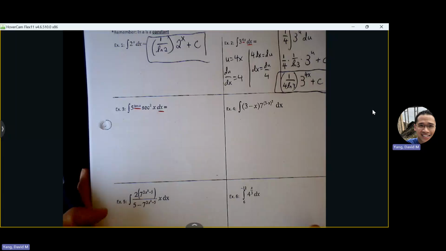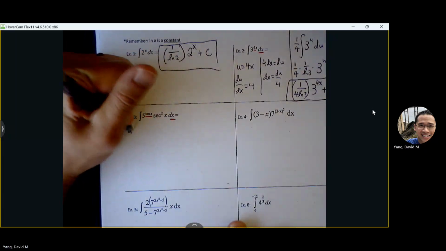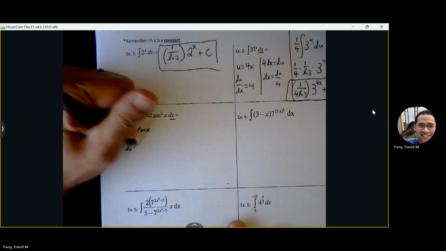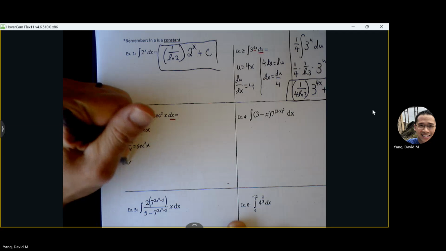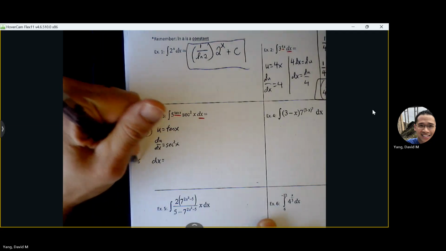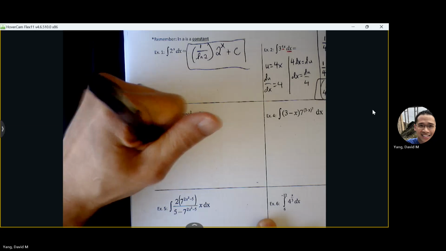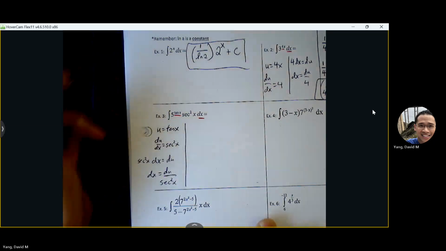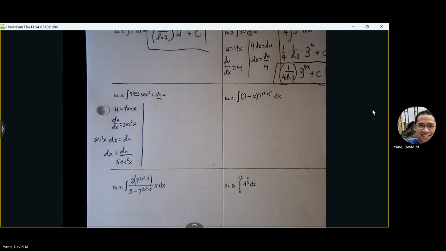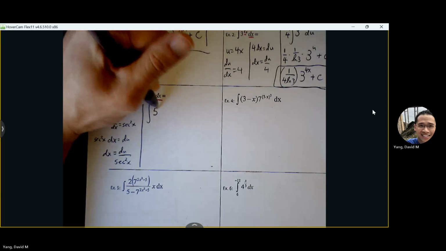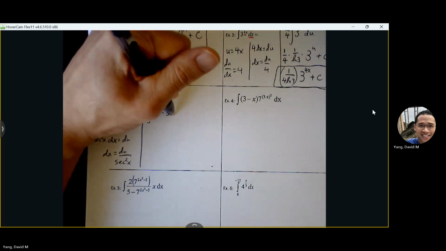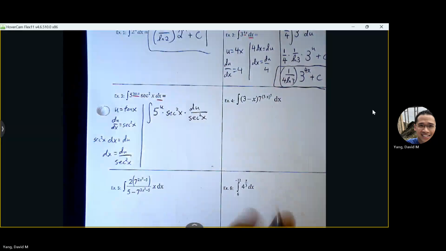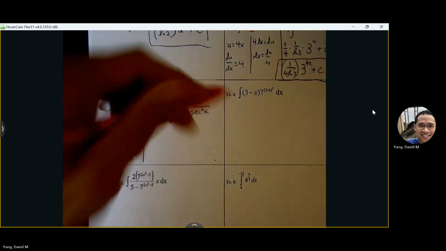Let's go through our steps, see if we can try this one. Here, the x's goes away.